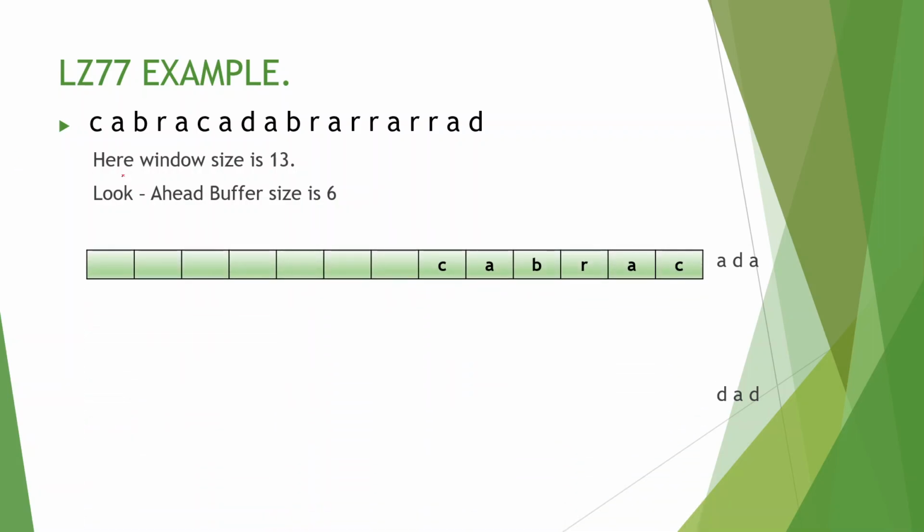Now this is our sliding window. In that we divide this window into two parts: one is the look ahead buffer and the second one is the search buffer. Here what is the size of the look ahead buffer?